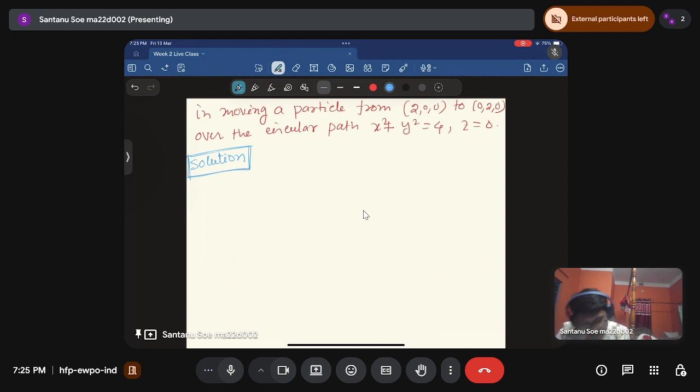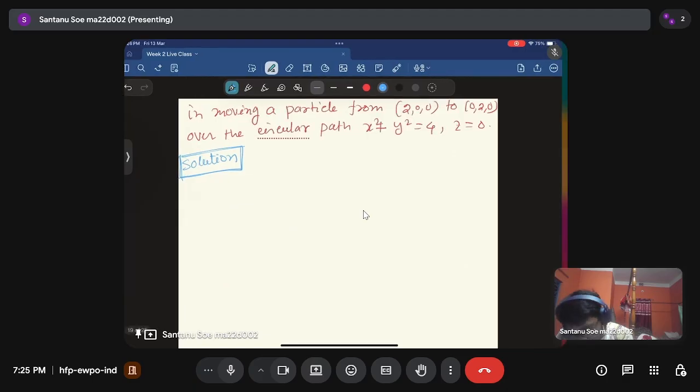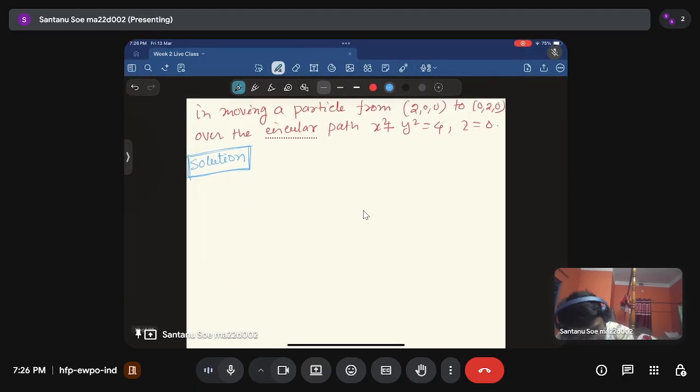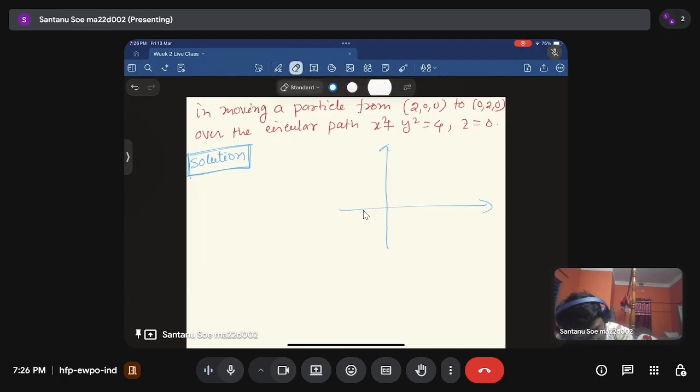Okay. So the graph is given like this. So this is our xy plane, and they are taking this arc. This is x square plus y square equals 4.